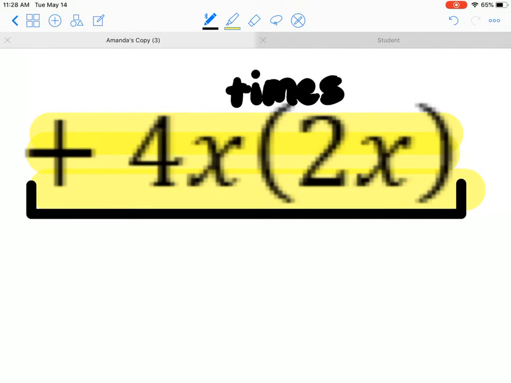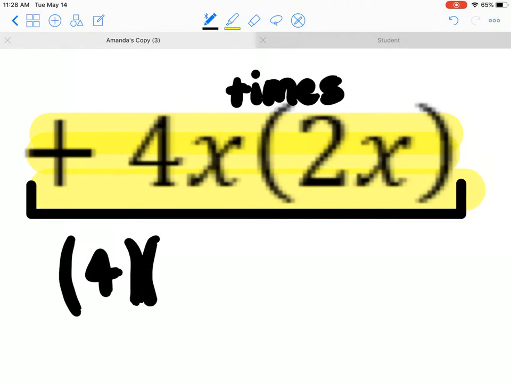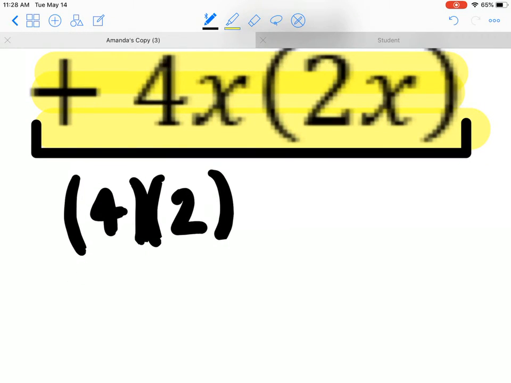4x times 2x. And you notice that I also took the sign that goes with the 4. So what this is saying is positive 4 times positive 2. So 4 times 2, that's going to be 8.